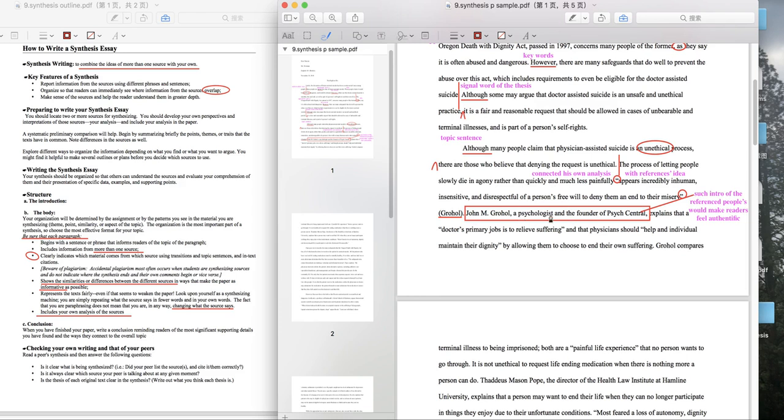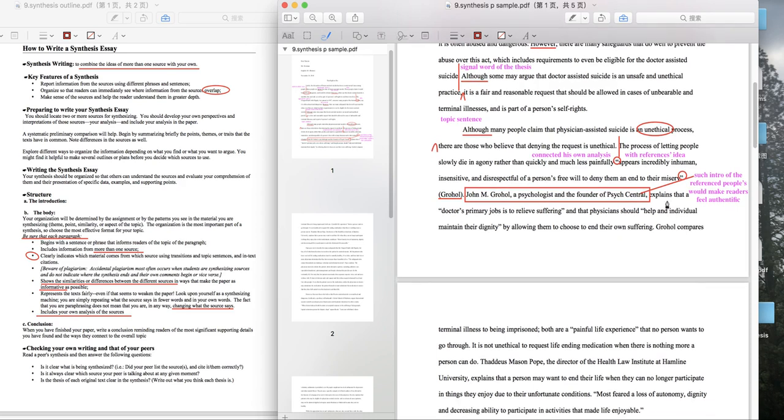He's a psychologist and the founder of Psych Central. This is what you should do. And then he explains that a doctor's primary job is to relieve suffering, and that physicians should help the individual maintain their dignity by allowing them to choose to end their own suffering.